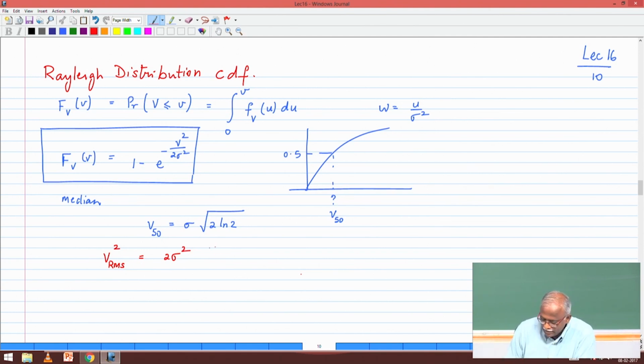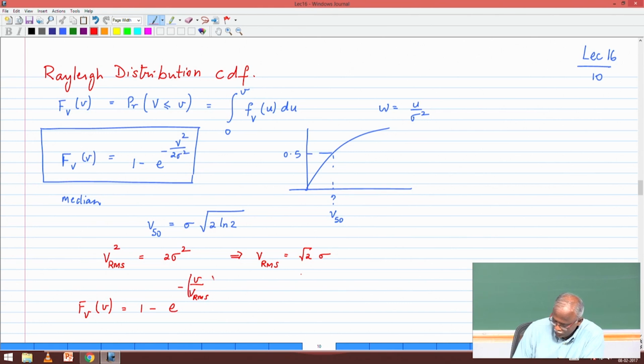And this also means that Vrms is equal to root 2 sigma. So the cumulative distribution function can actually be written very nicely in terms of the Vrms: 1 minus e power minus (V by Vrms) whole squared.